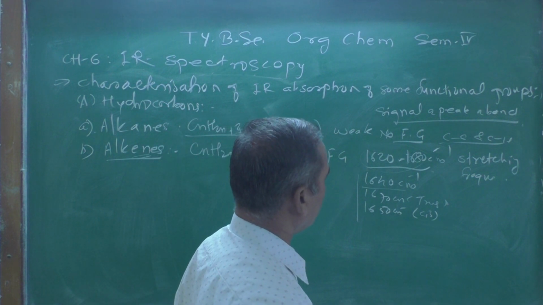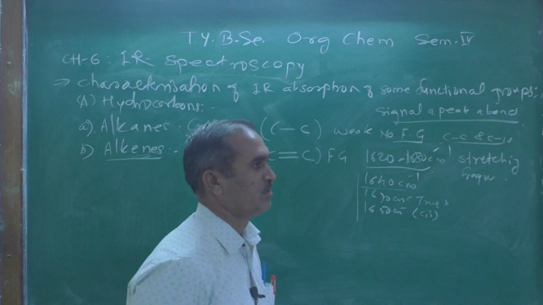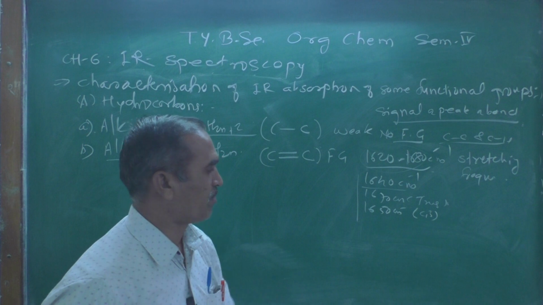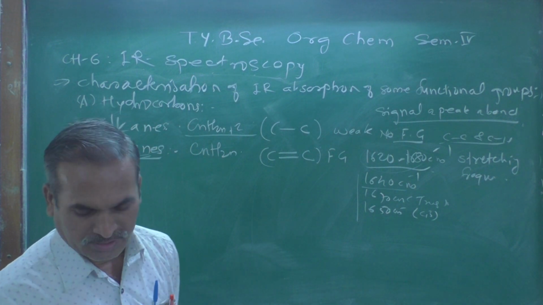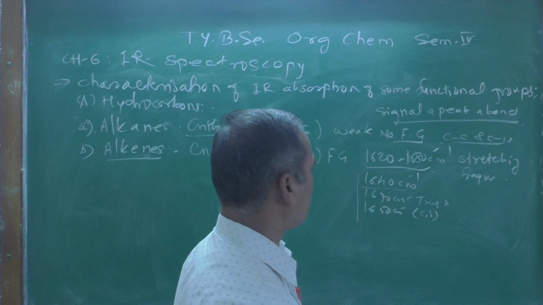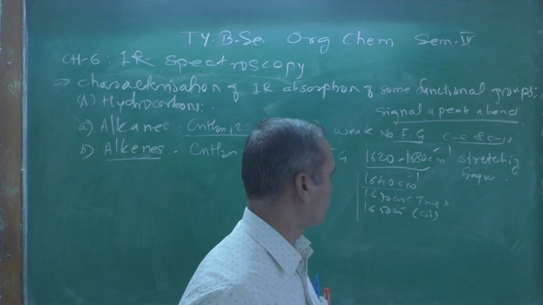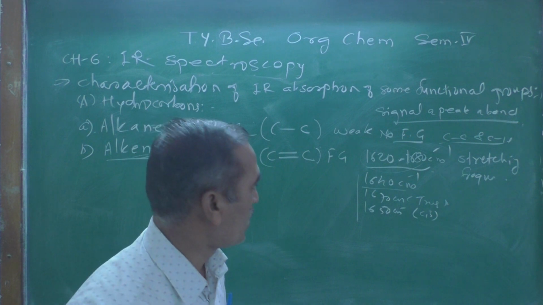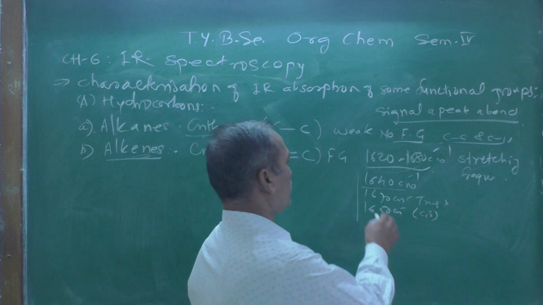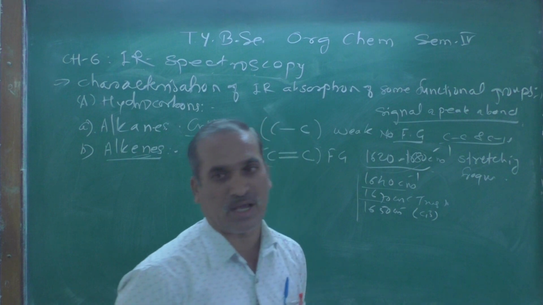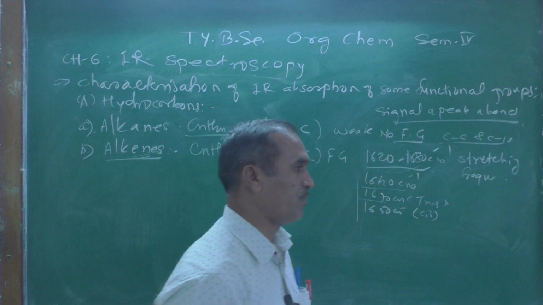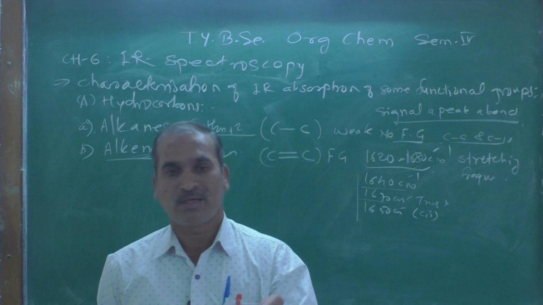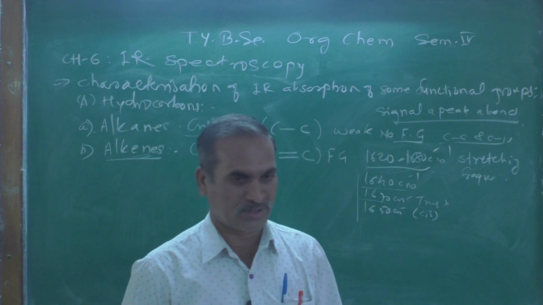If an absorption peak appears around 1640 per centimeter, it indicates the presence of a carbon-carbon double bond in the organic compound. If the peak appears around 1617 per centimeter, as we know, cis and trans are geometrical isomers.